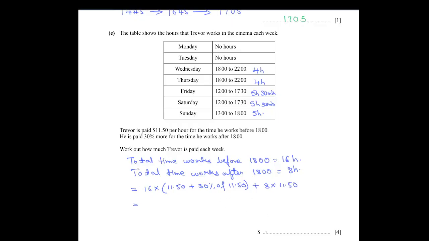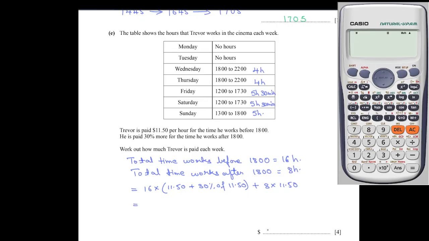So you can do this here in the calculator. 16 into, open the brackets, 11.50 plus, we'll do the 30% as 30 by 100 into 11.50. This is 30% of 11.5. Close the bracket. Plus again 8 into 11.5.